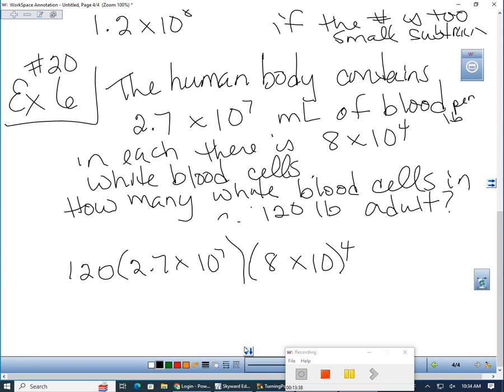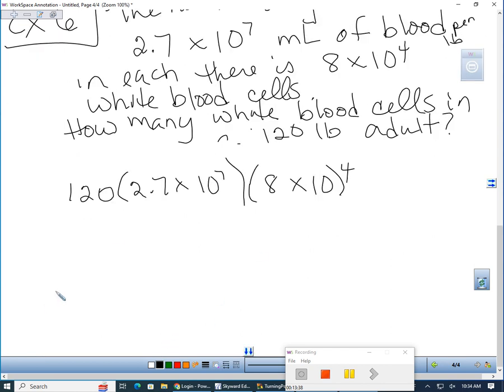All right, so the first thing you're going to do is grab your calculator and multiply 120 times 2.7 times 8. That gives 2592. Then we keep our base, which is 10. And what do we do to our exponents? We add them. So 7 plus 4 is 11.